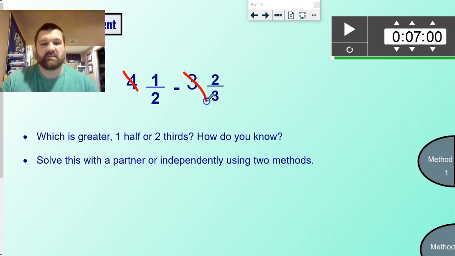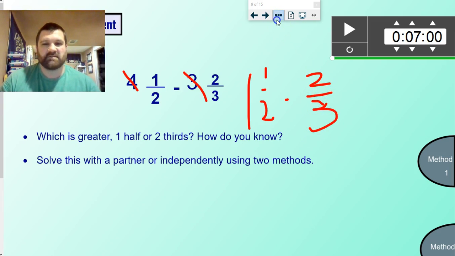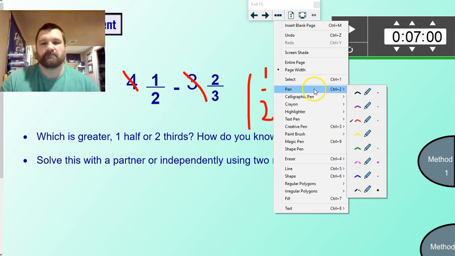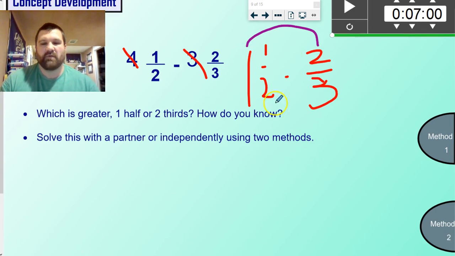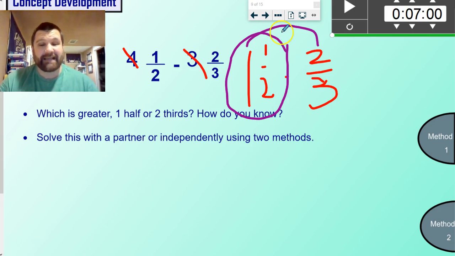I'm going to take away wholes. You're left with 1 1/2 minus 2/3. Again, this is so easy. You can go ahead and just subtract the 2/3 from the whole, right? And remember, it's part of the whole, so we have to add it back.